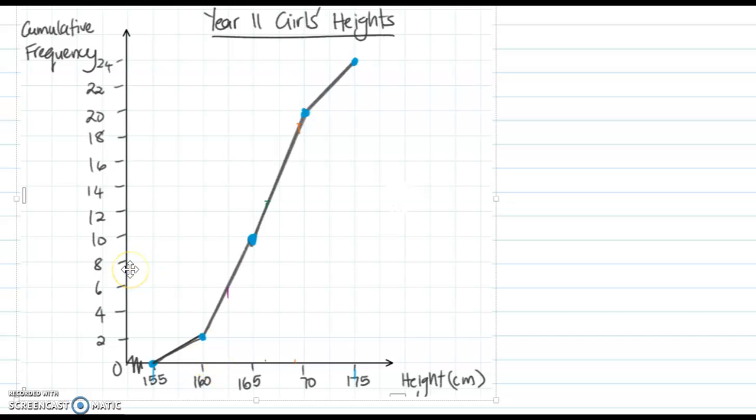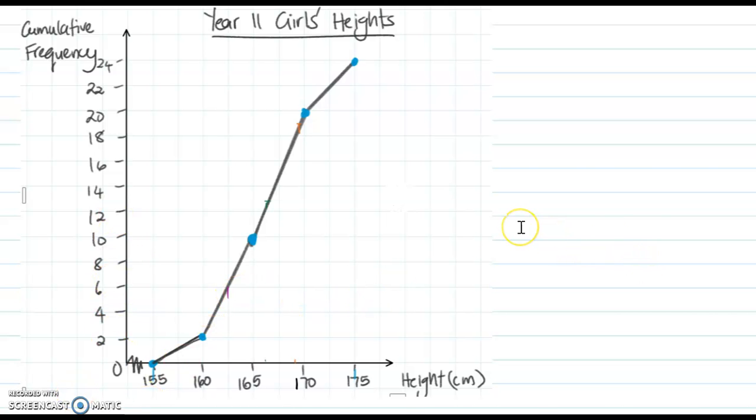What we need to remember is that we need to indicate on our axis that the squiggly line over there means there are all of these values between 0 and 155. Because it starts at a large value, we just show it with that squiggly line. And along our y-axis, which is the cumulative frequency, we have an interval of 2.